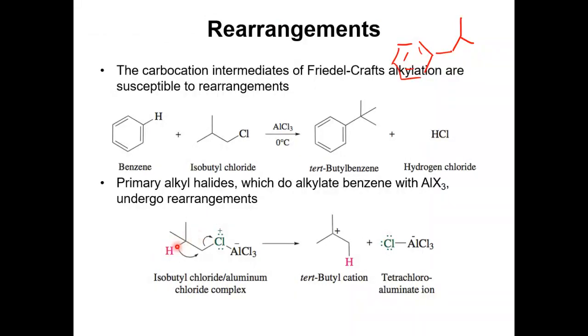The hydrogen connected to the tertiary carbon, together with a pair of electrons, moves to this primary carbon. That's important. At the same time, a pair of electrons goes to the chlorine. This hydride shift gives you a tertiary carbocation.